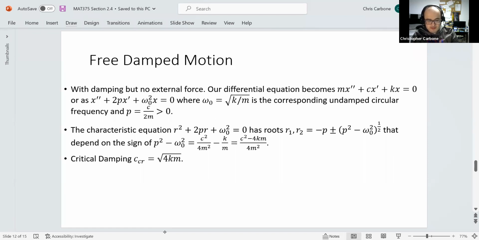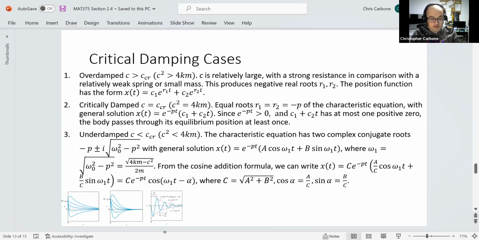The critical damping c sub cr is the square root of 4 times k times m. So these particular cases, depending on those values, it's overdamped if c is greater than that critical damping.